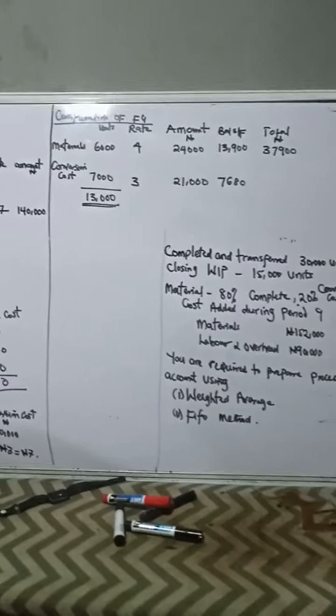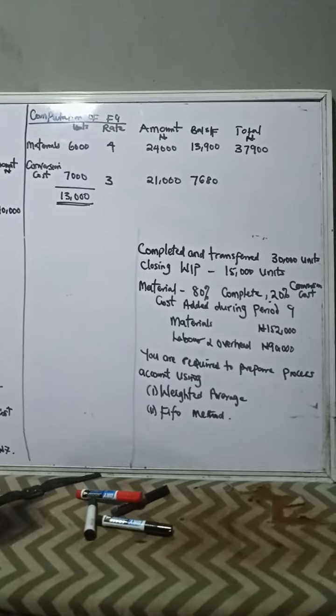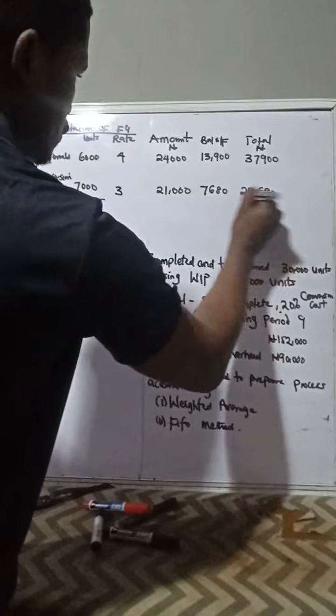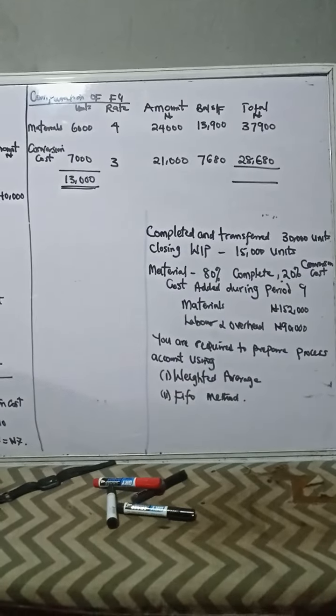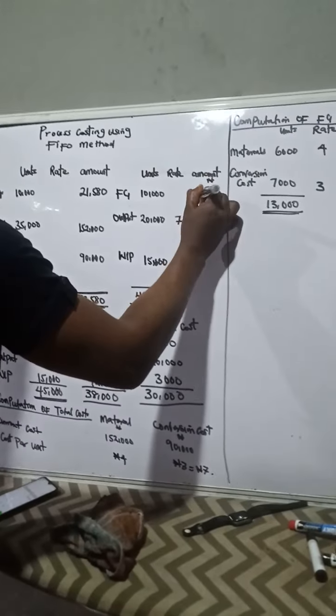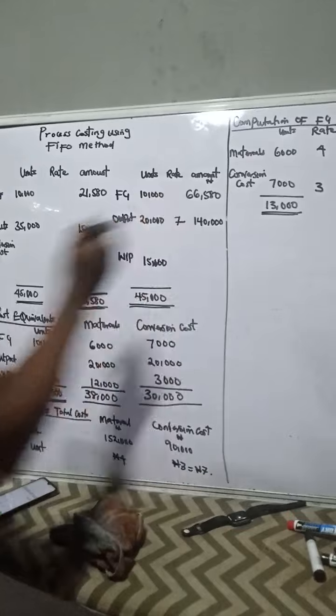While 21,000 plus 7,680 is 28,680. So I will now take 28,680 plus 37,900, which is 66,580. So I'll transfer this one here, 66,580.